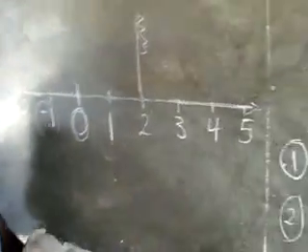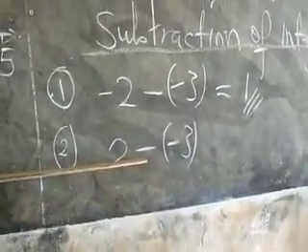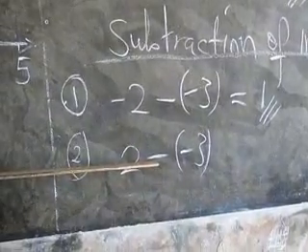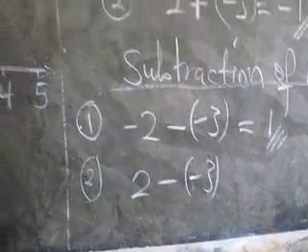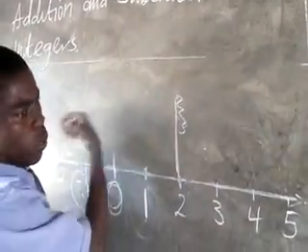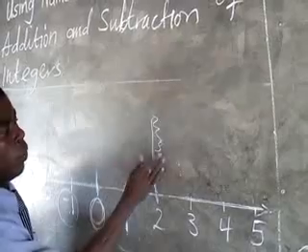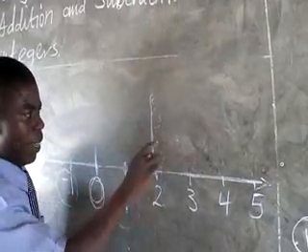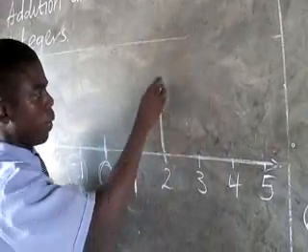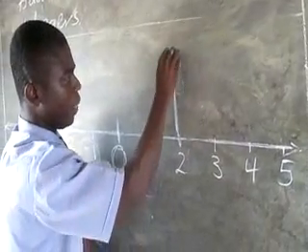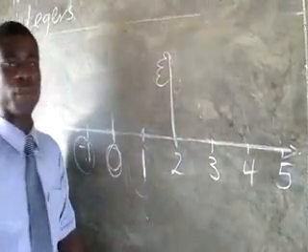Good. Now the operational sign is minus. So minus means the person has to turn to look at the negative direction. So the person must look here, this direction. So you turn by standing at the same place or the same point. So turn the face like this. Good.